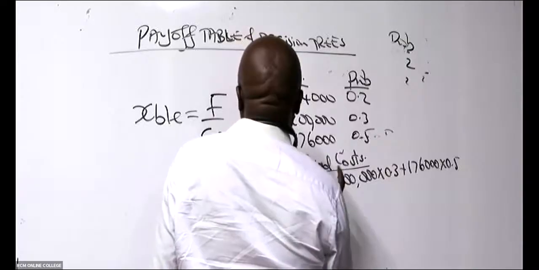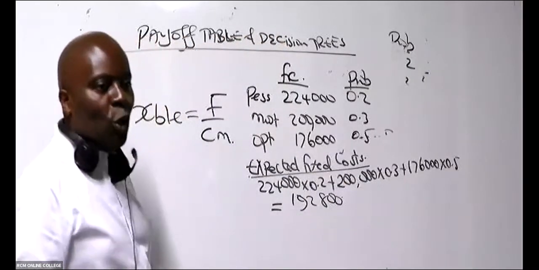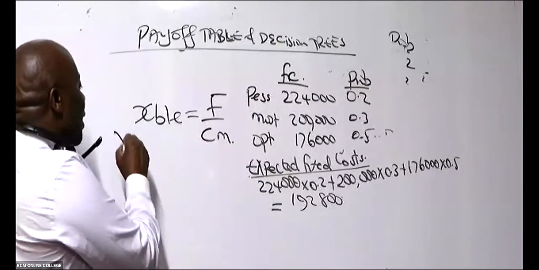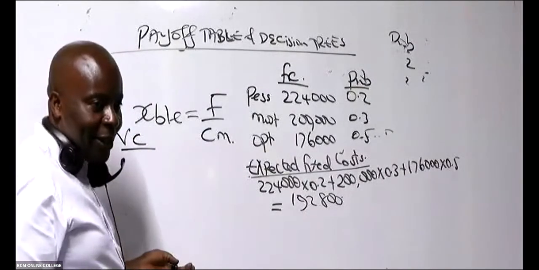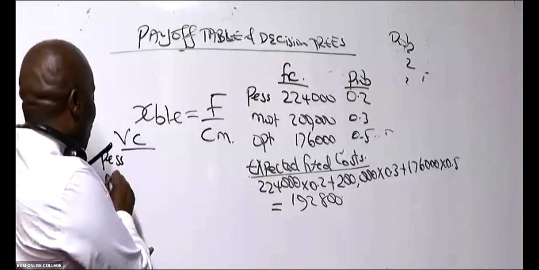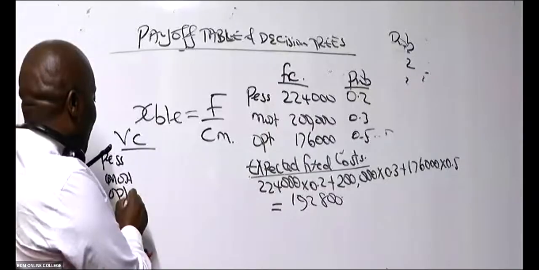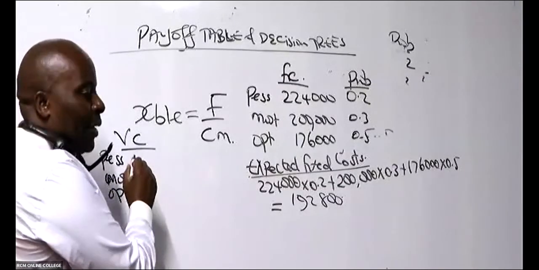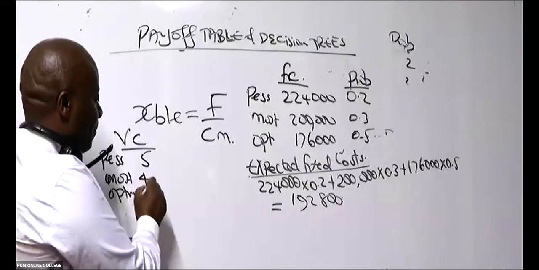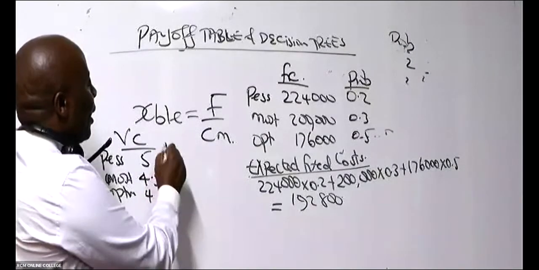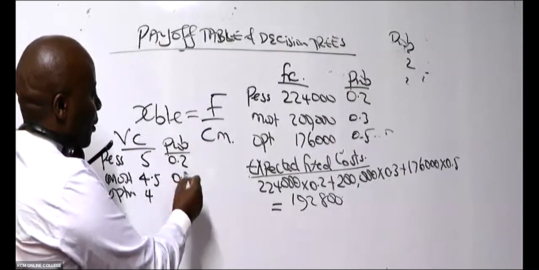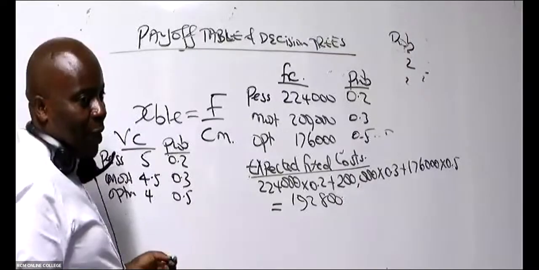Now, for me to be able to get a contribution margin, we need variable cost. And even this variable cost, we're not so sure which variable cost will happen. There are three possibilities under the three states: pessimistic, most likely, then optimistic. So what was the pessimistic variable cost? 5. How about most likely? Then lastly, fortunately, we know the probabilities: 0.2, 0.3, and then 0.5.